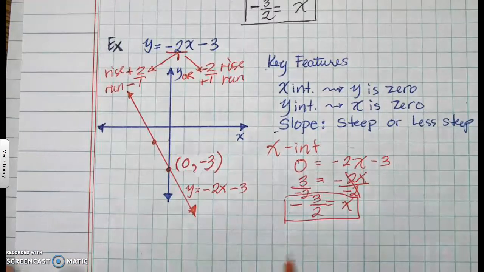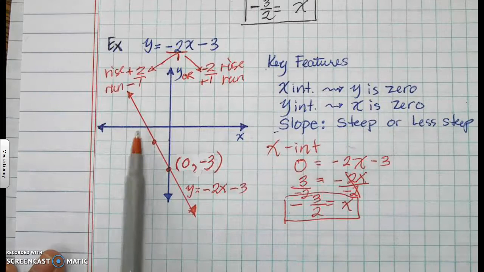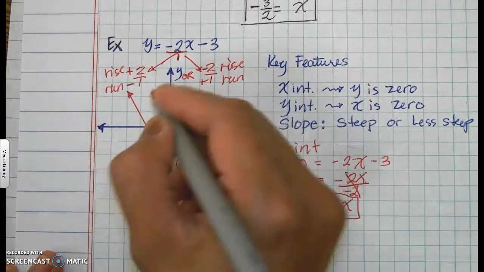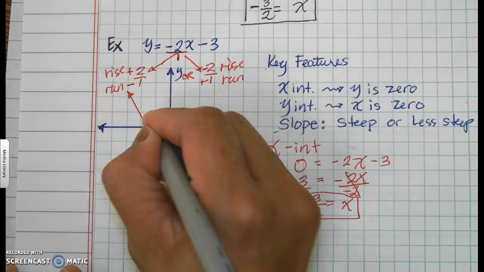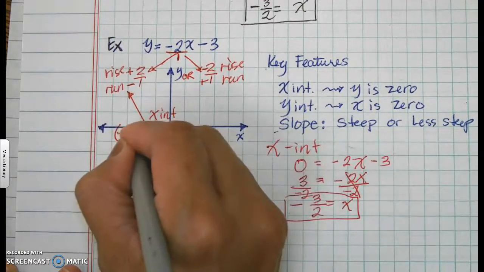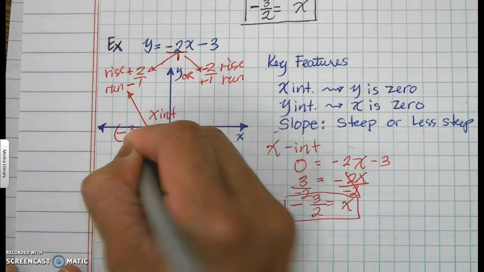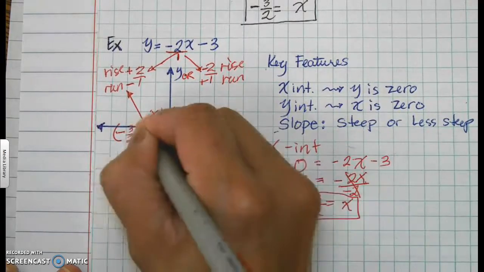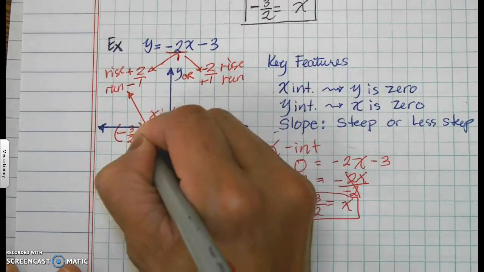That's a coincidence. So anyways, this one right here is your x-intercept, which has the coordinates of negative 3 over 2, comma 0.